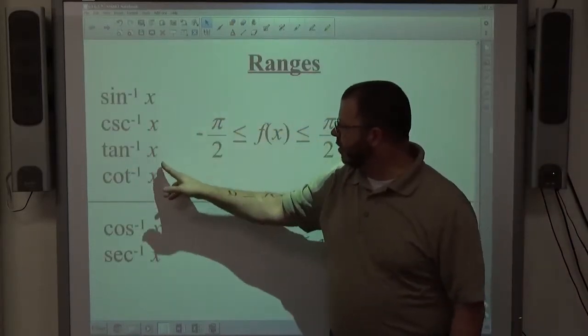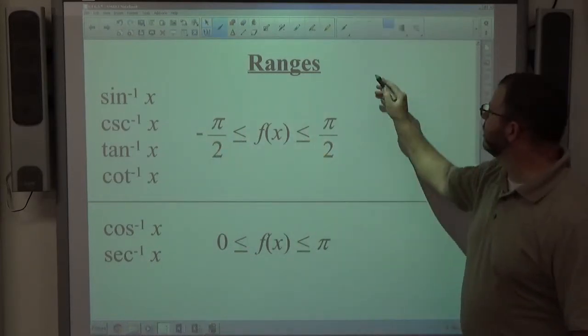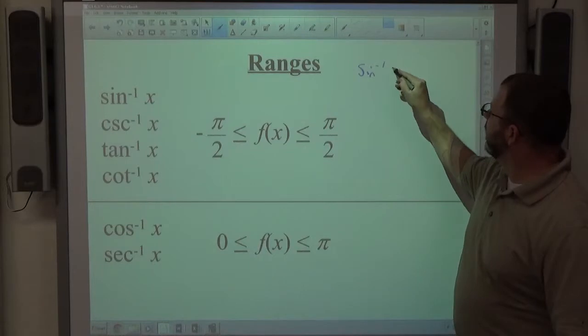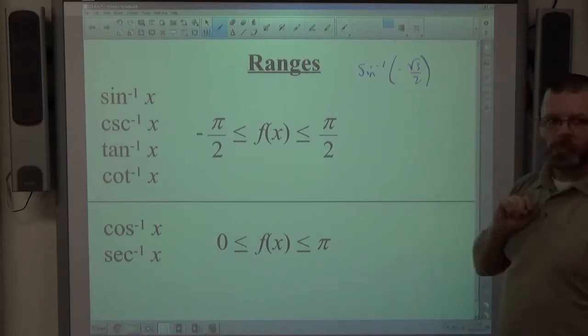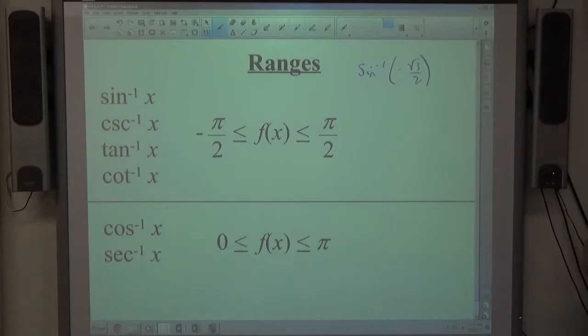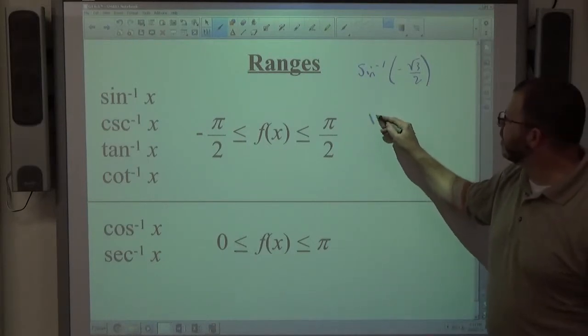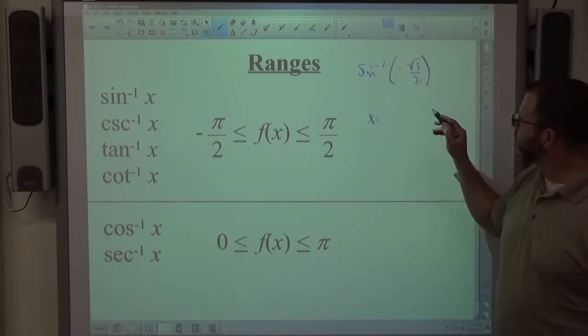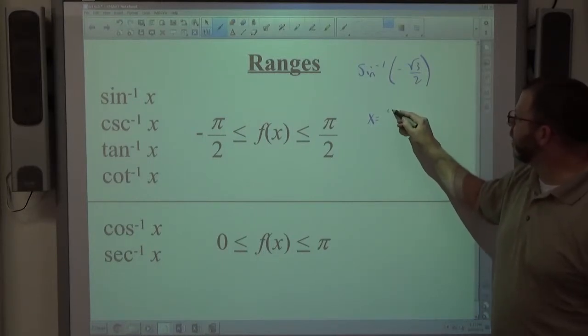these four trig functions are between negative and positive pi over 2. Let me show you how to handle this. Let's say I'm doing inverse sine of negative square root of 3 over 2. If I find this on the sheet, and hopefully we've got this memorized already, but if you don't, on the sine column you'll find negative square root of 3 over 2 happens at 4 pi over 3 and 5 pi over 3.